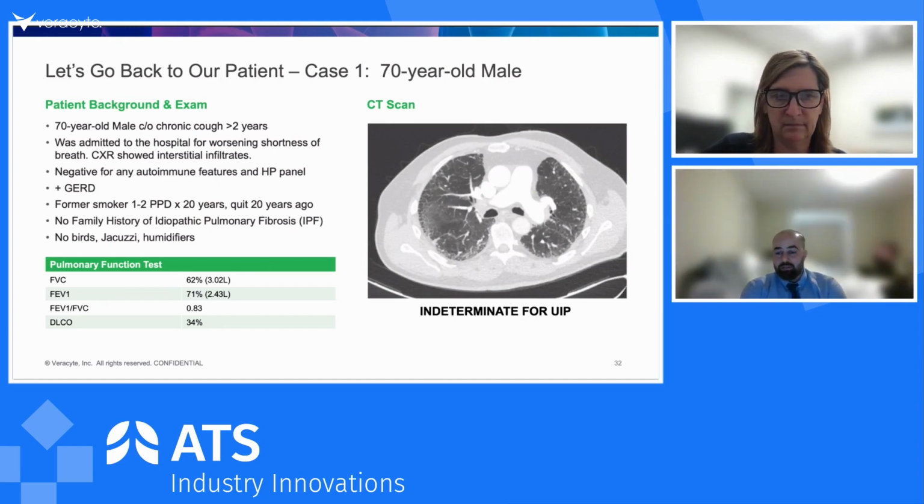The CAT scan, if you recall the first poll, people answered it was probable for UIP. And we discussed both together, Dr. Scholand and myself, that it could be either probable or indeterminate. It depends on how radiologists are reading it. So in this case, if you want to obtain an increased confidence in your diagnosis, I agree with Dr. Scholand.